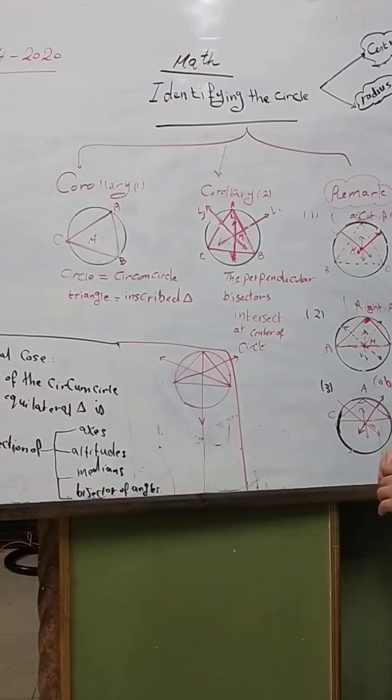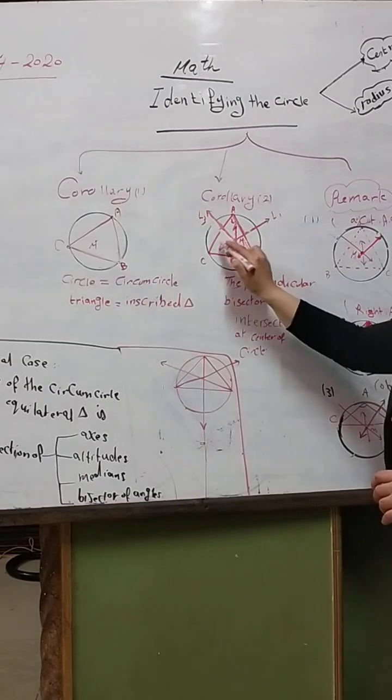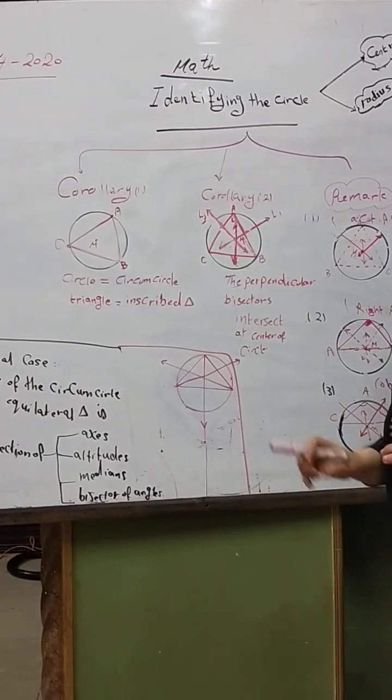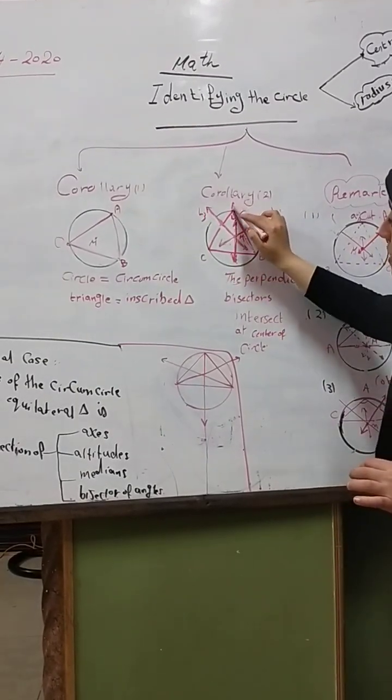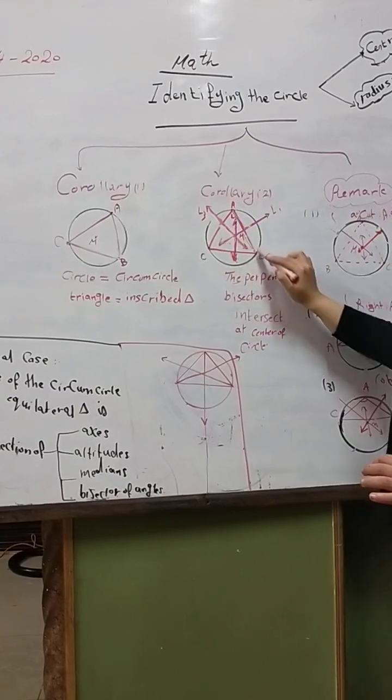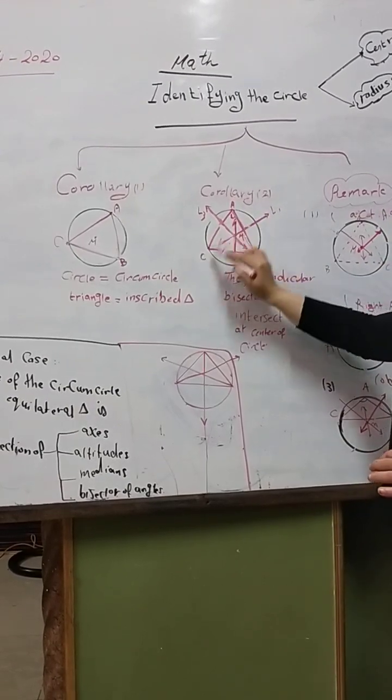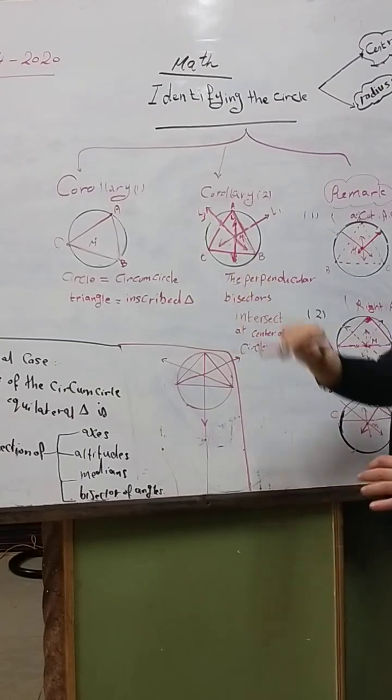What is the meaning of perpendicular bisector? The perpendicular bisector here is the axis of symmetry of each side of the triangle ABC.